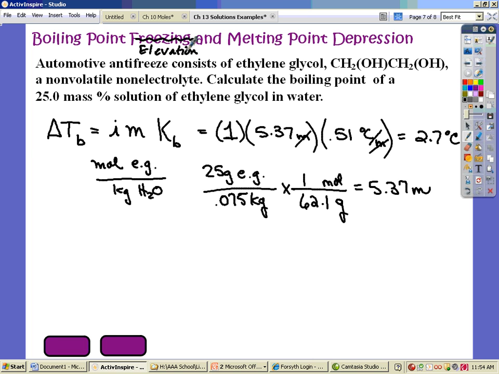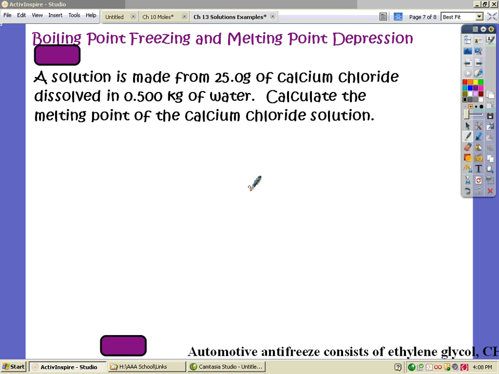I have to know that the boiling point is going to be elevated, it's going to increase, and so my new boiling point then is going to be 102.7 degrees C. Because this is water, it boils at 100, so now it's 102.7.